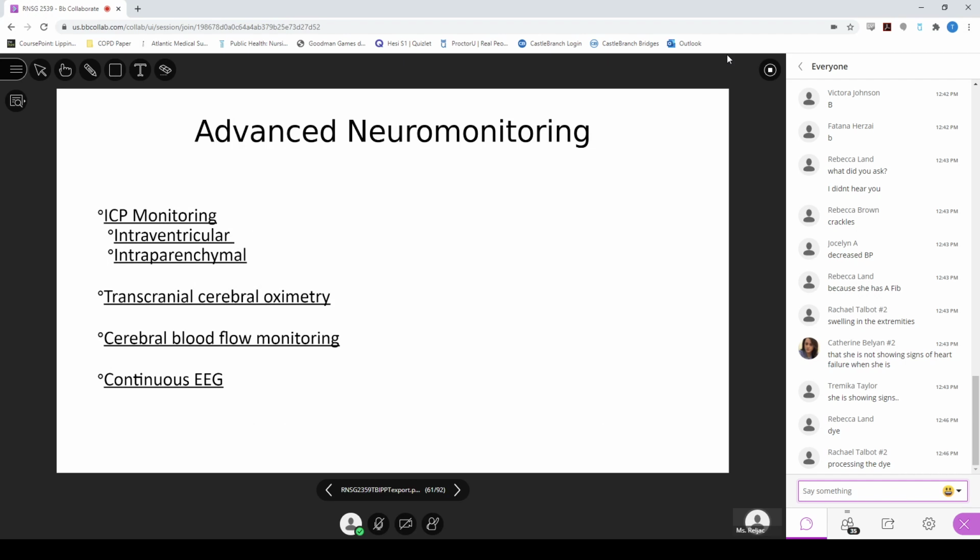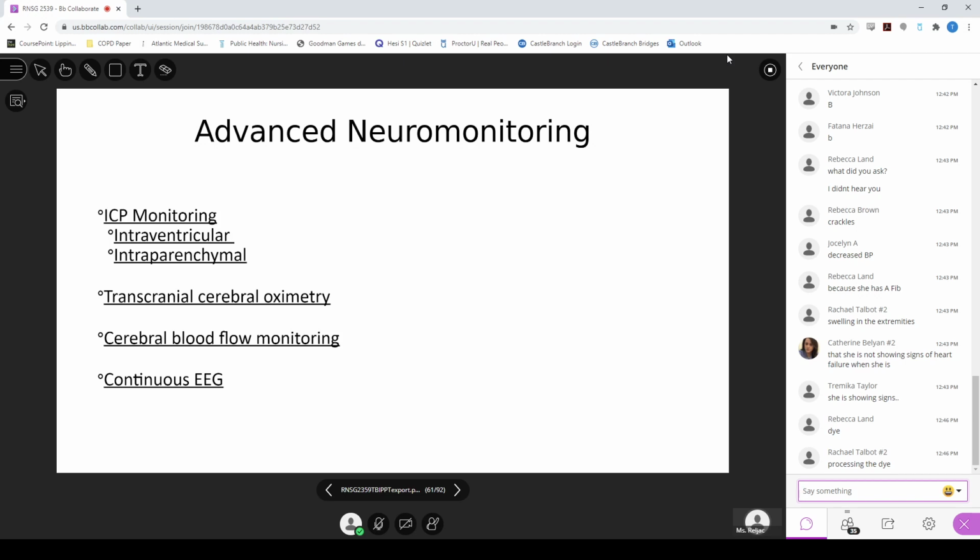Then we have the ICP monitoring, and we're not getting too far into this. It uses a device that is able to sense the pressure inside the skull, and it's recorded, and they follow it and track it. An intraventricular catheter is usually the most accurate monitoring method for ICP.